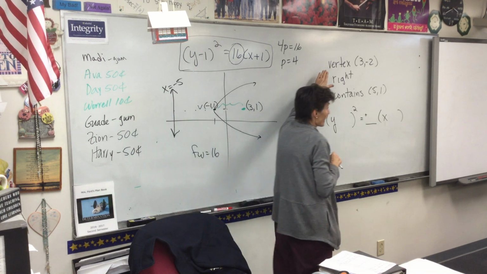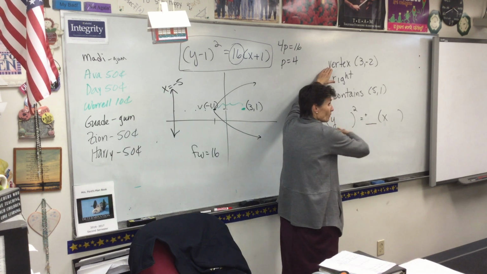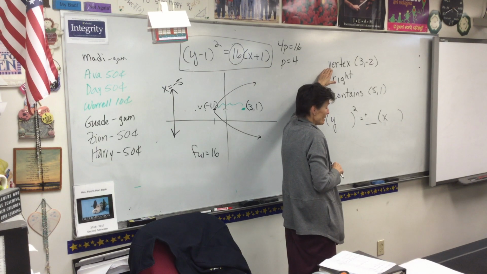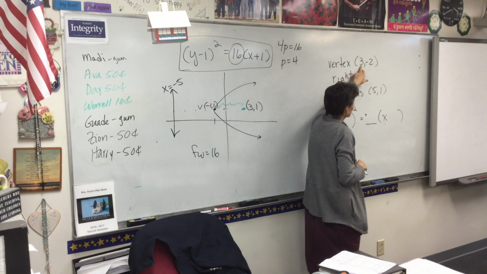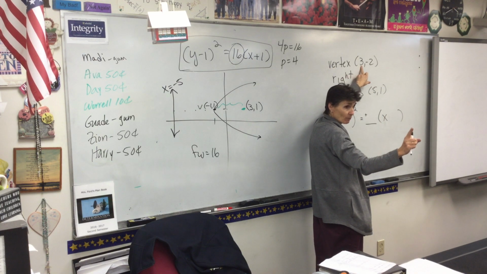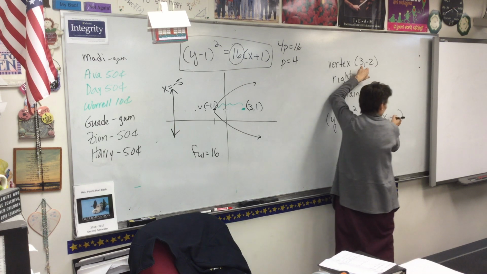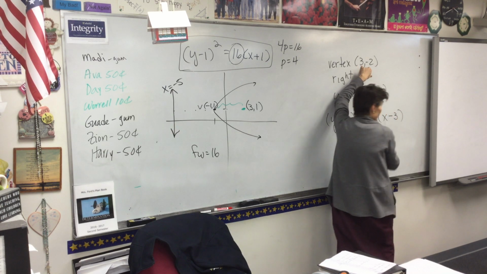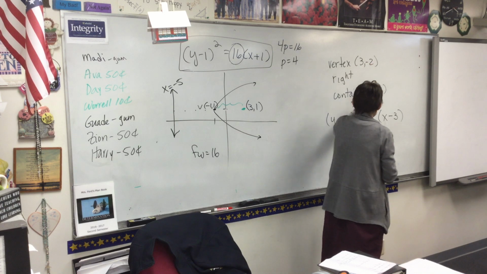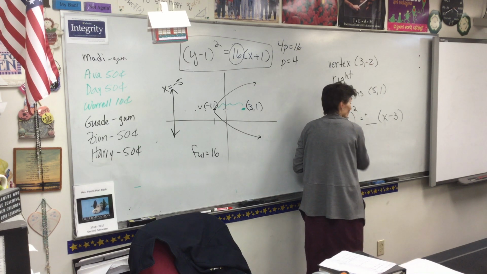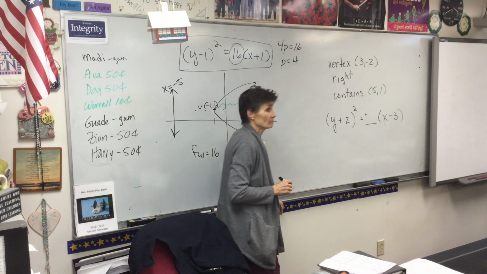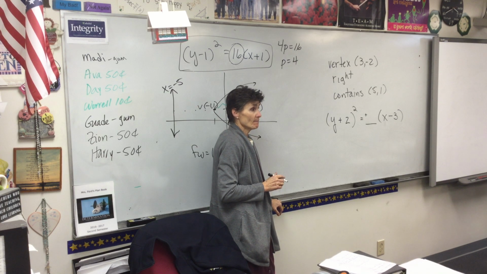Now I know my vertex. Does that help me out in my equation? Yes. This goes with the x, be careful. So it's going to be x minus 3. And this goes with the y, so it'll be plus 2. Is that right?